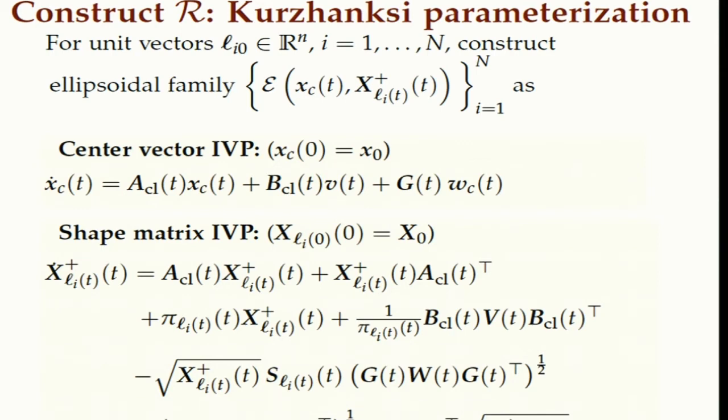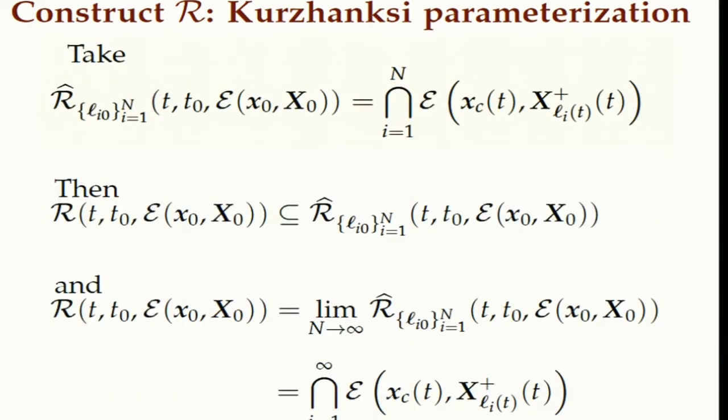Suppose you can do this kind of construction and compute a set of ellipsoids through this parameterization. The guarantee is that if you make this construction and propagate using the equations he proposed, then at any fixed time, if you take the intersection of a finite number of such ellipsoids and call that R hat, that set, which is of course not an ellipsoid but is a convex set, will be a superset of the original set.